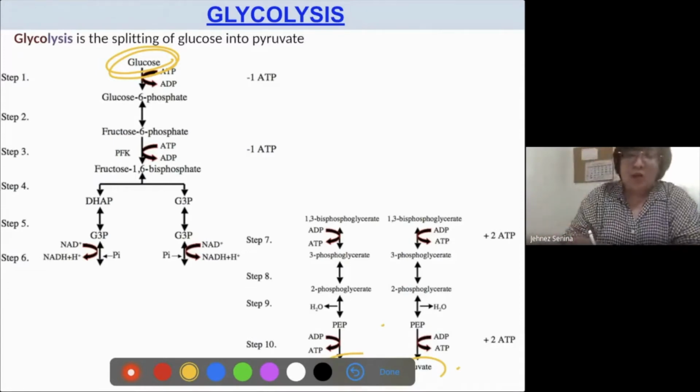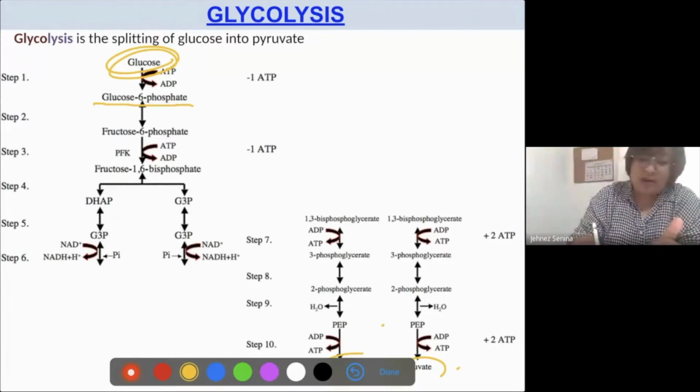So we start with glucose. Glucose is converted to glucose 6-phosphate at the expense of energy. Look at this. ATP is hydrolyzed into ADP. We're using energy. We're using phosphate from ATP. That's why it became ADP.